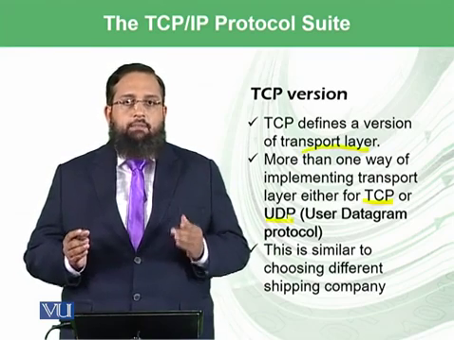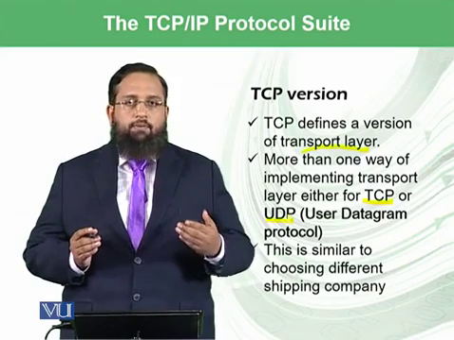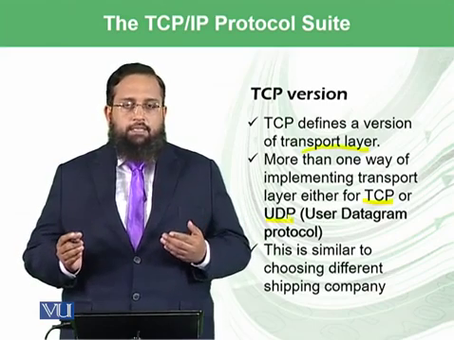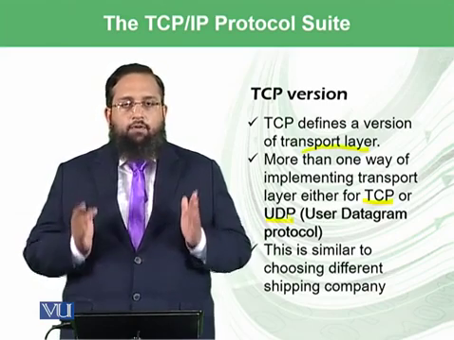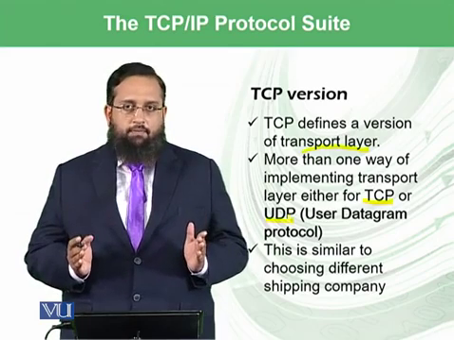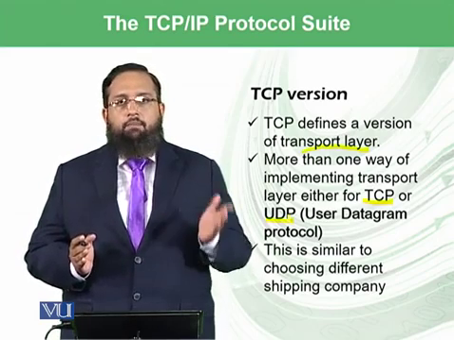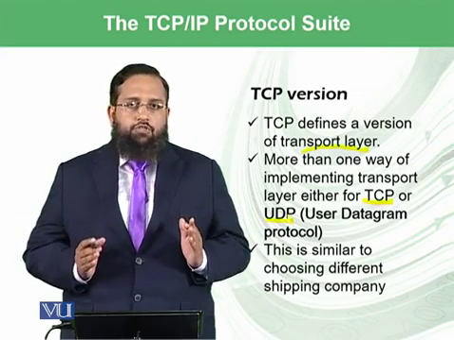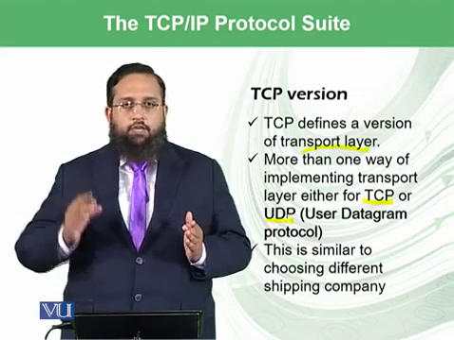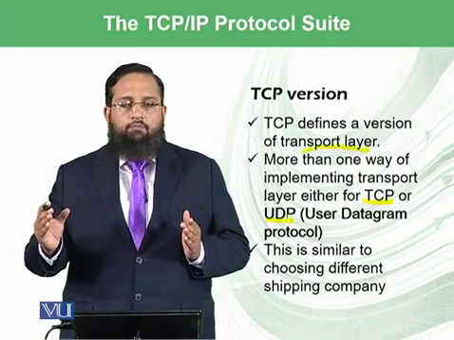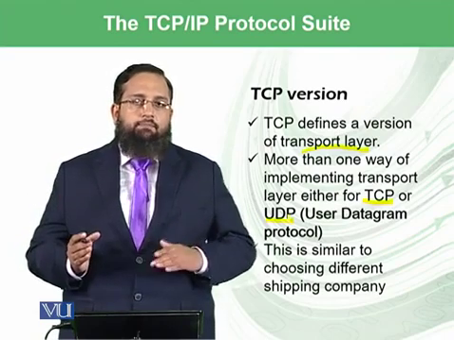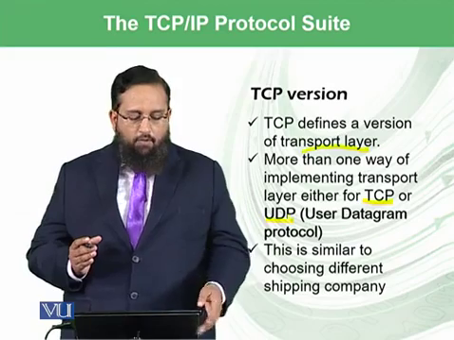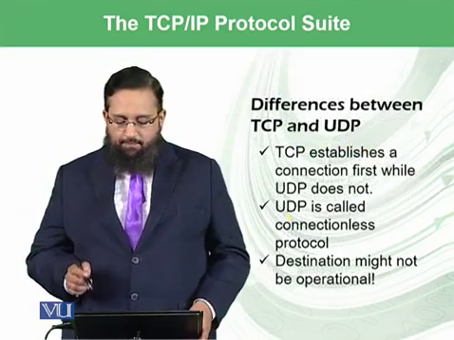It is similar to shipping something to a friend when two shipping companies are available. Depending upon the requirements, we decide to ship using one company, which could be TCP, or the other, which could be UDP. We will see further details.